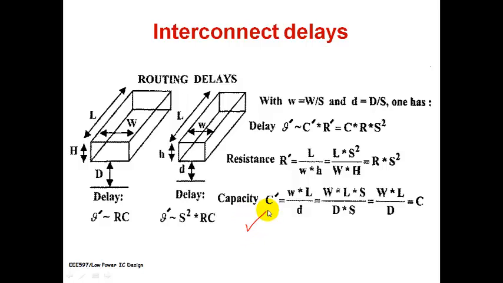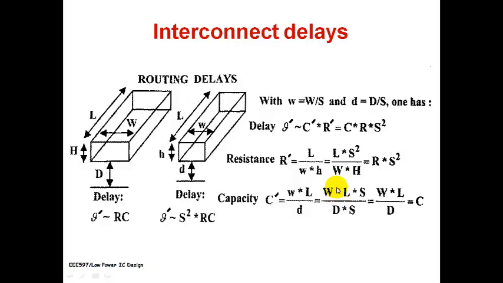And how is the capacitance going to vary? The capacitance is nothing but W times L divided by D. What capacitance I am going to have across, once again we will calculate.